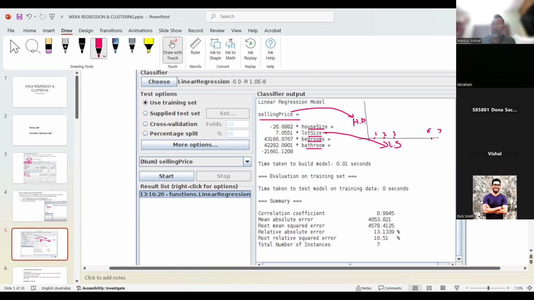And for one lot size, suppose one example I got here, this point. So this point is probably say 200K. This is 3. This is say 5, 500K or something like that.